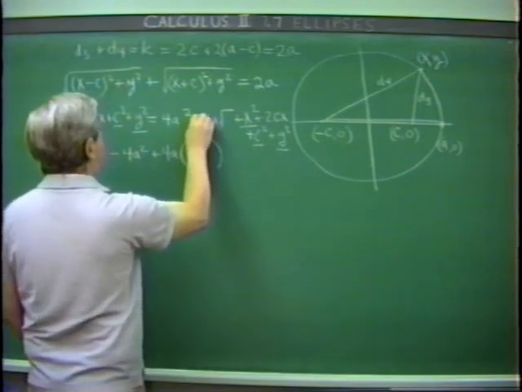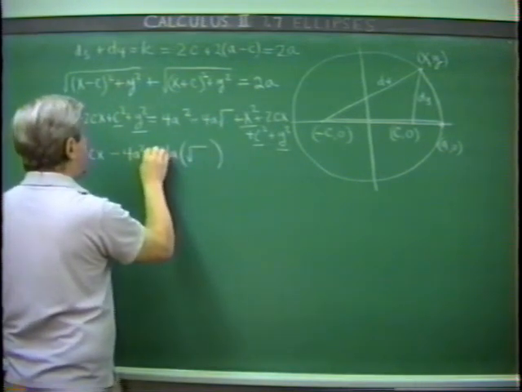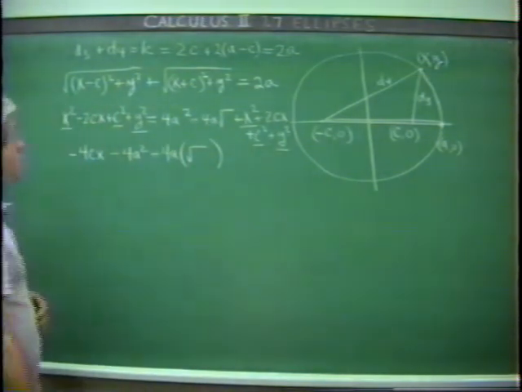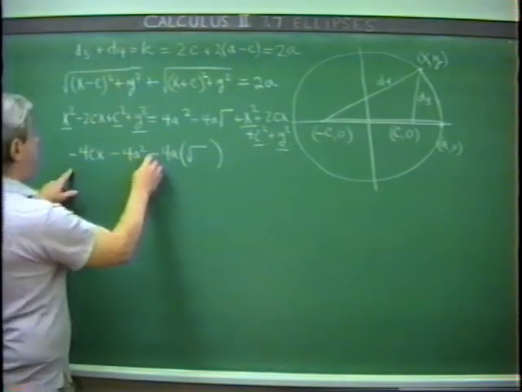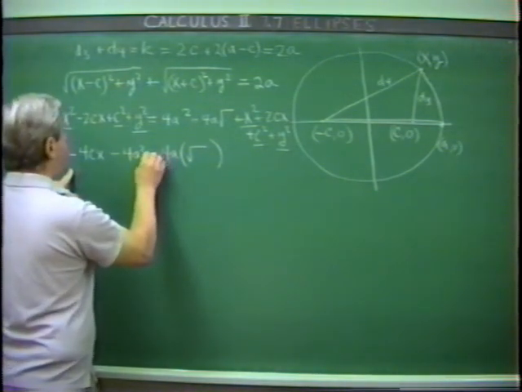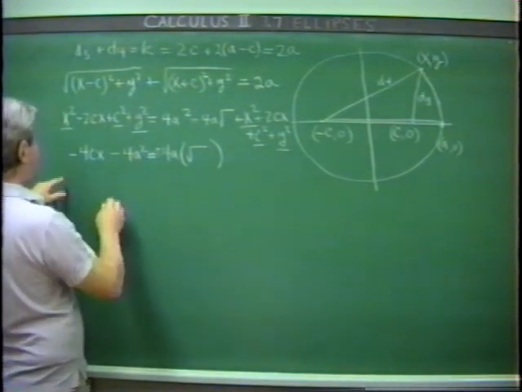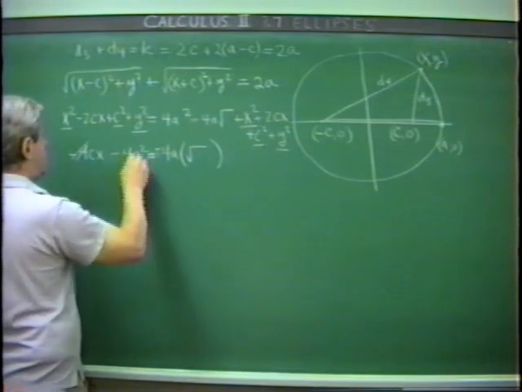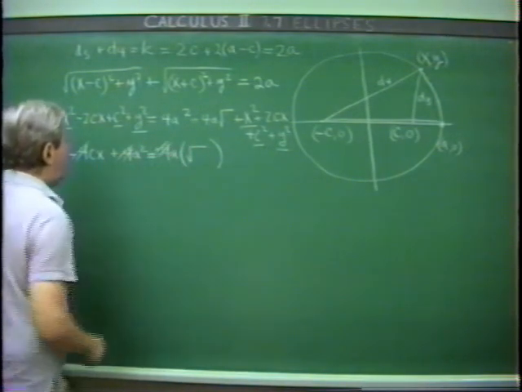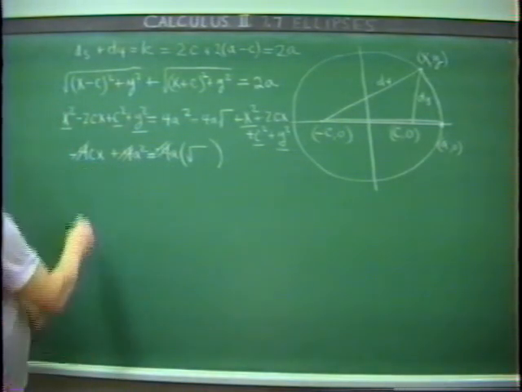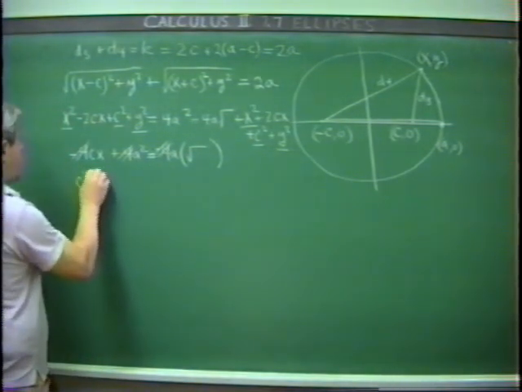And actually, this ought to be minus, because when I subtract this from both sides, I'm going to get a minus term here. So minus, like so. Okay, this equals minus. Now I can divide through by 4. Divide through by minus 4 for that matter.